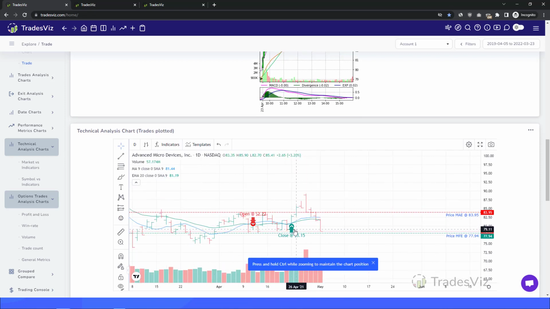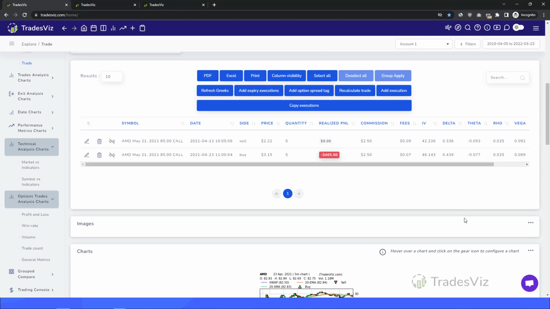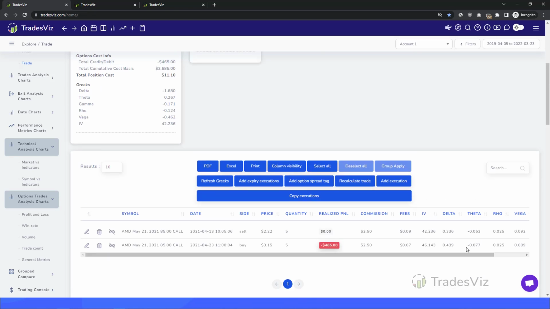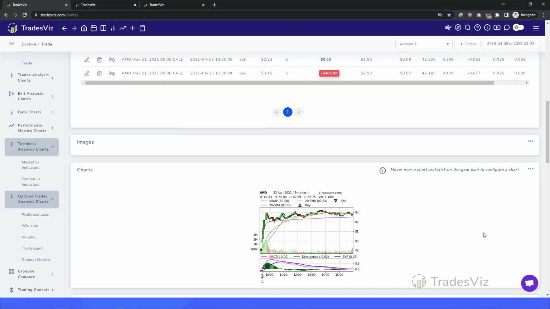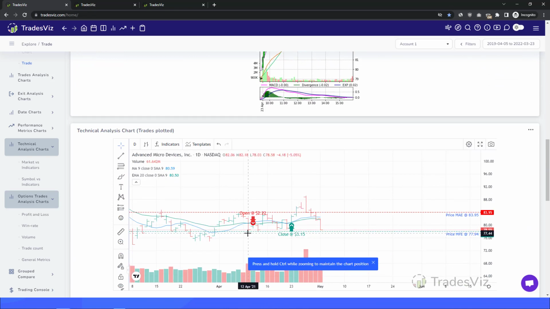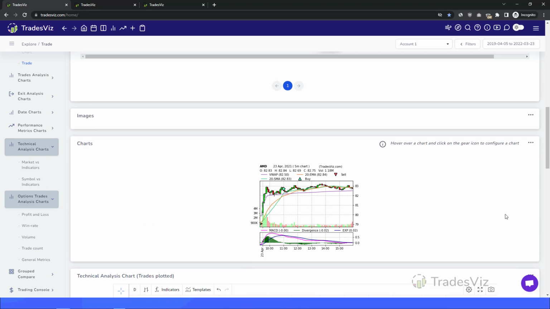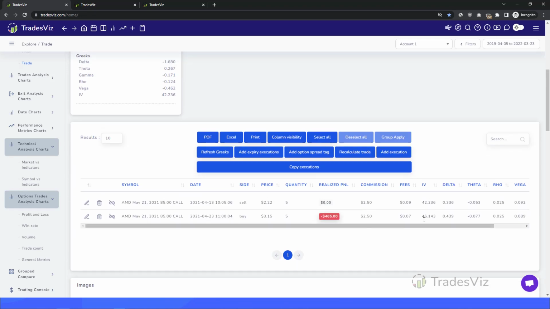It was chop, chop, chop, chop, chop, and then we had to exit over here, right? So what could have happened here is that even though we were short calls, right? Even though you can probably say that, hey, we could have earned the theta, right? So that didn't happen over here. Now, why didn't that happen?